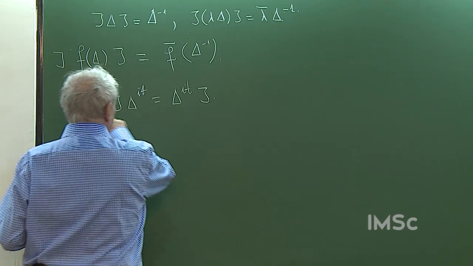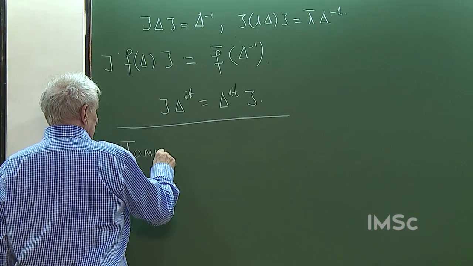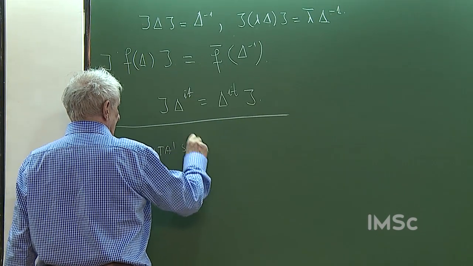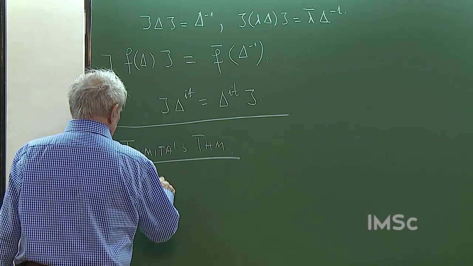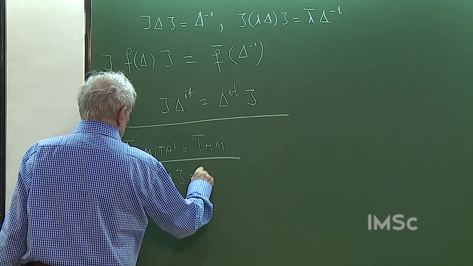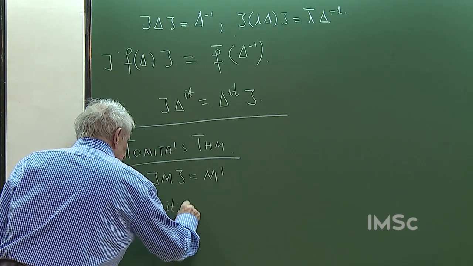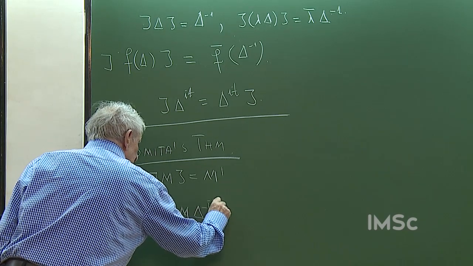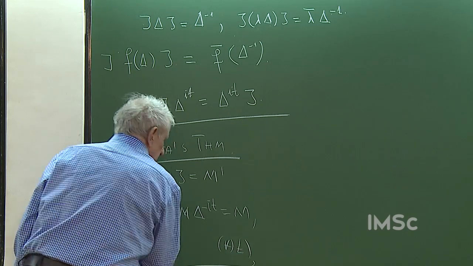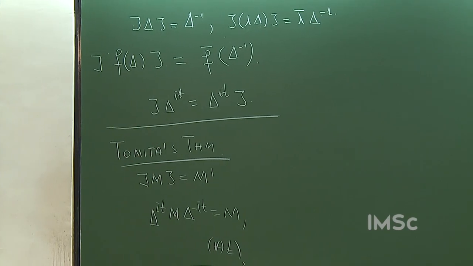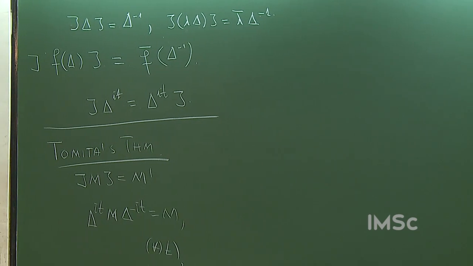And it remains just to make a statement, the Tomita's theorem. The statement is very simple. J M J is equal to M prime. And delta power it, M delta power minus it, is equal to M for every t. And the purpose of today's lecture is to give a proof of this Tomita's theorem.